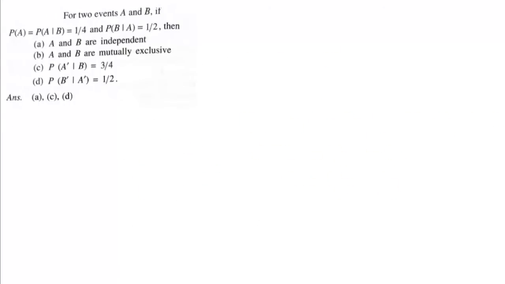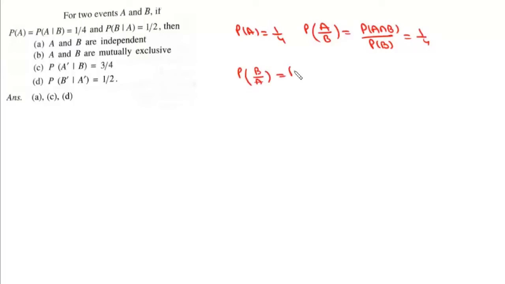Now for two events, it is given that probability of A is 1 by 4, probability of A upon B, which is probability of A intersection B upon probability of B, is also 1 by 4, and probability of B by A, which is probability of A intersection B upon probability of A, is 1 by 2.